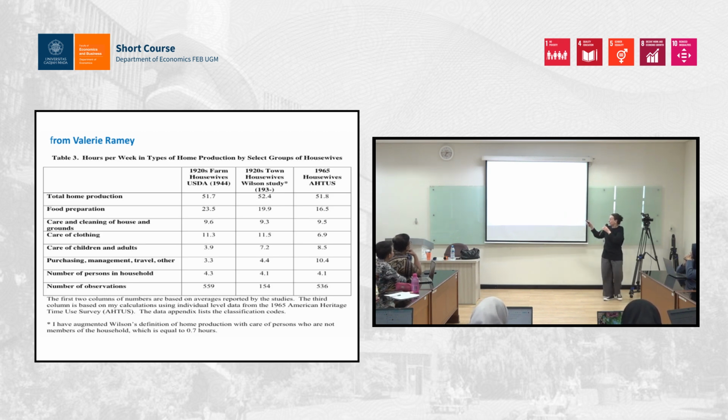And then she's taken all these things into the picture, and she's going up to 2000, because her paper is published in the early 2000s, so the picture doesn't go until the current days.